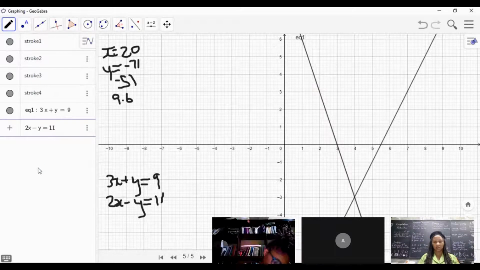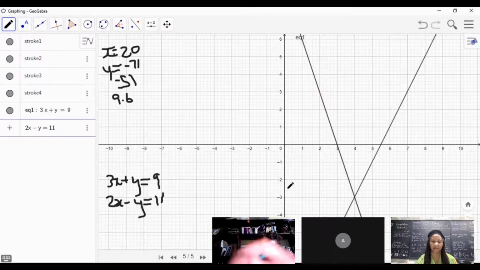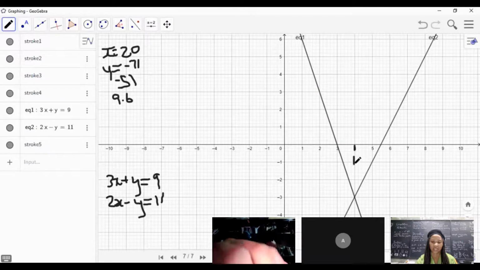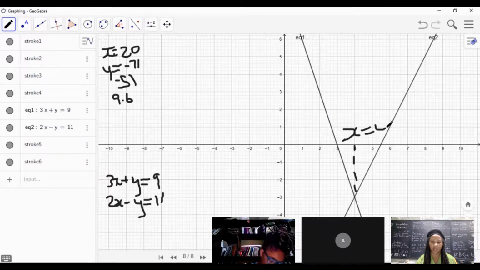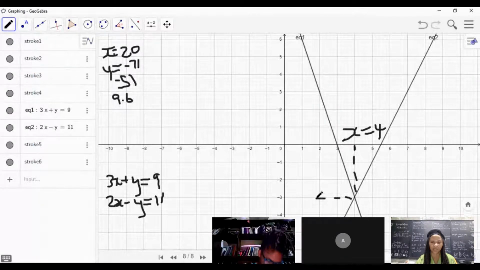Oh, but I'm not getting those big numbers, guys. What solutions are we getting here? Based on this, x is 4, and y is negative 3.